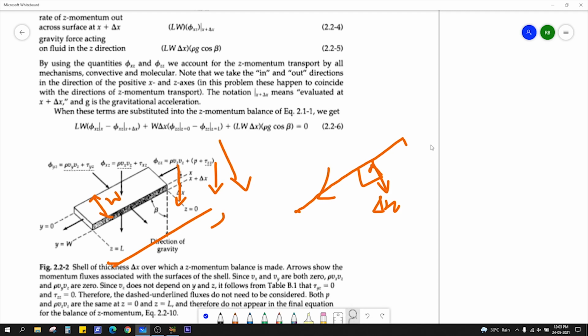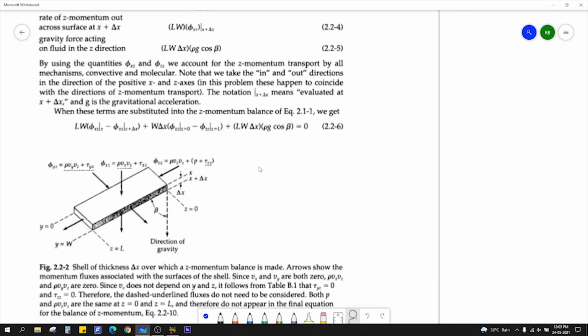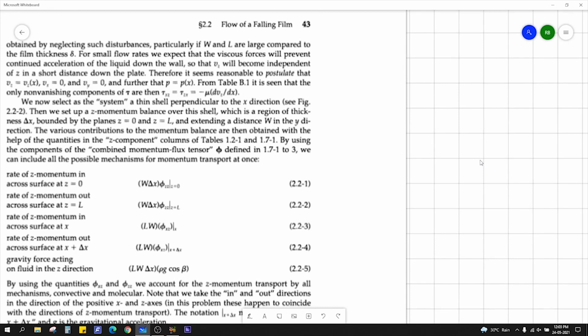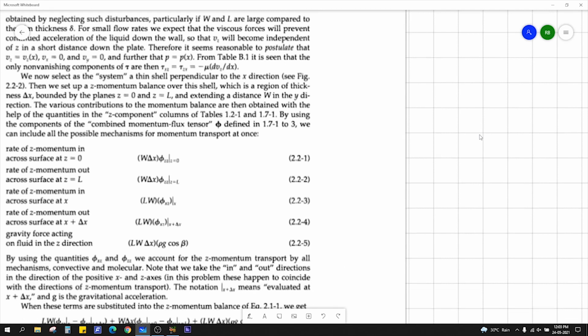Fine. So now this was the problem, right? You have to find how the thin film will flow over this plate. So now we have to do the balances.